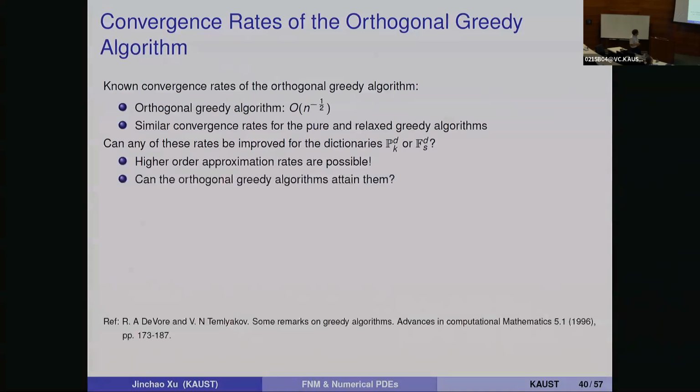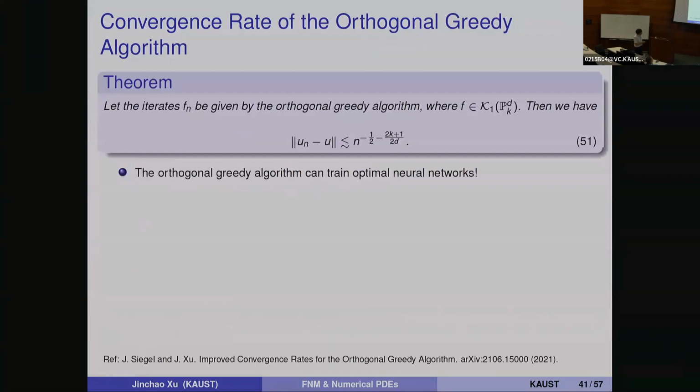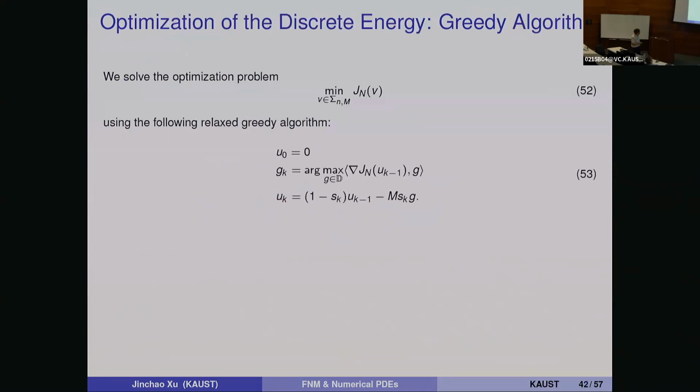It turns out we recently can even do better. If you do the greedy algorithm, provided you can do the Argmax problem, you find the gradient direction in an approximate way in the dictionary, and you can get this rate of convergence. So you can actually get the optimal neurons by using this greedy algorithm. Every time you just add a neuron which goes for this gradient direction correction.